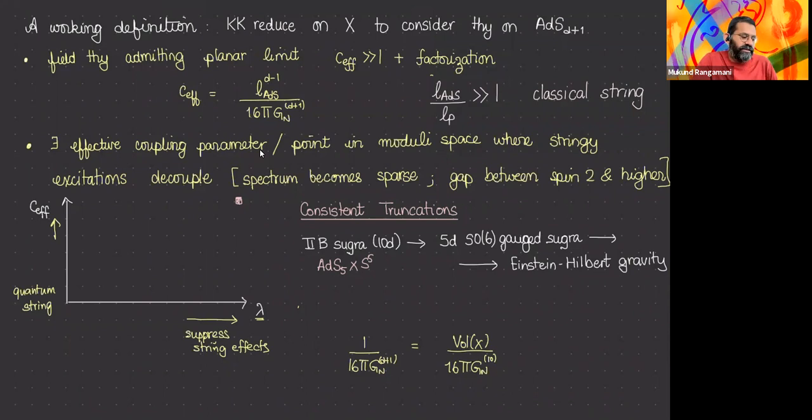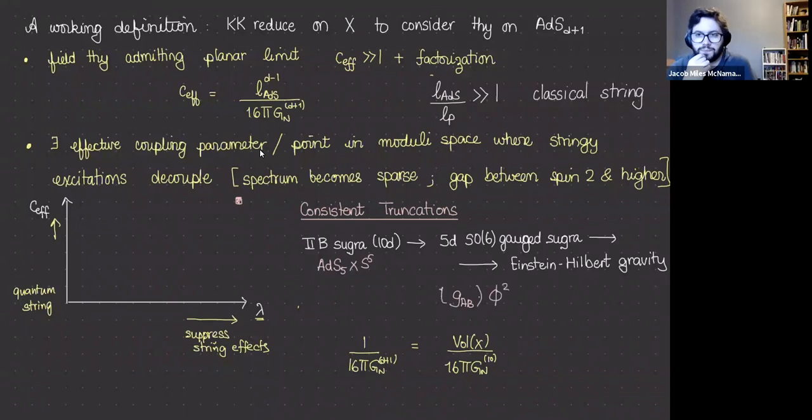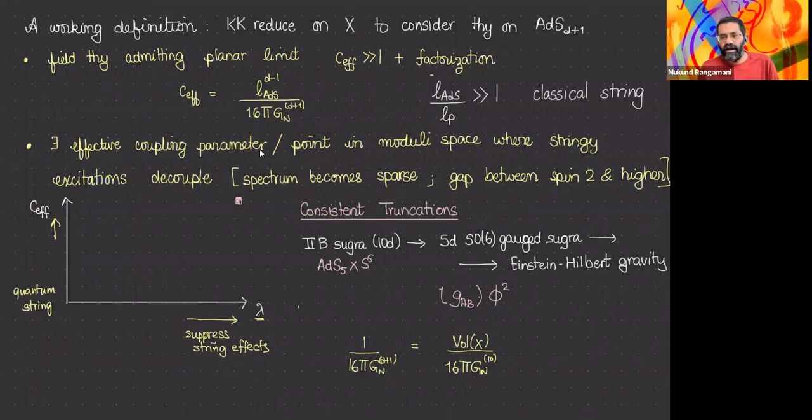So if, let's say, a field I'm keeping is the metric in 5 dimensions or whatever, through derivative couplings it couples to something like phi squared, where phi is the field I'm throwing away. It just means that I can throw away phi and not source the metric.